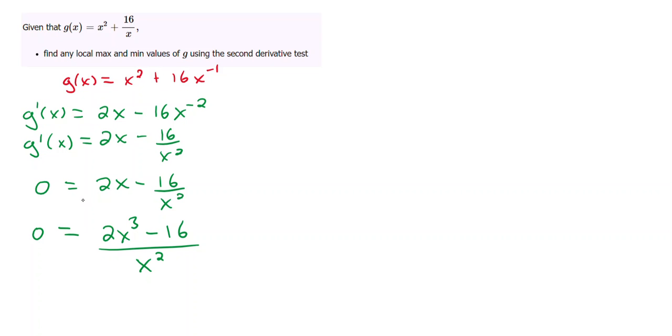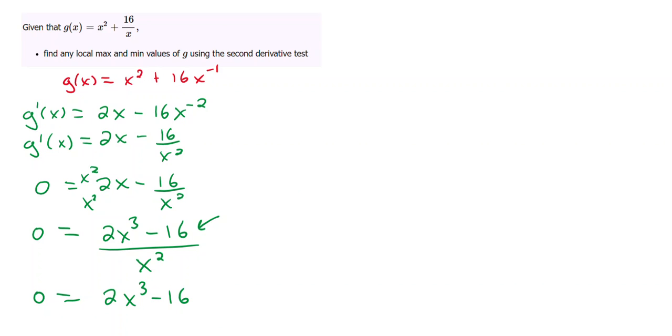Hopefully you see that, right? I just went x squared times x squared. That's where the x cubed came from. Okay, so now that is a bit better, because now I can see that whatever makes the numerator equal to 0 is going to make the whole thing 0. So I really just want to look at this and say 0 is equal to 2x cubed minus 16. I'm just going to forget about the denominator for a second.